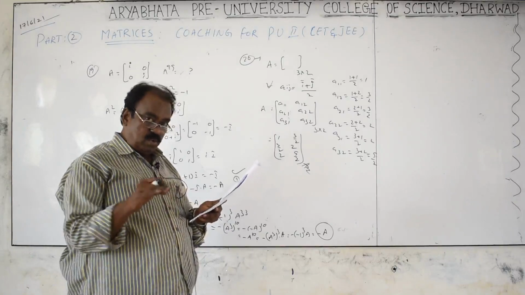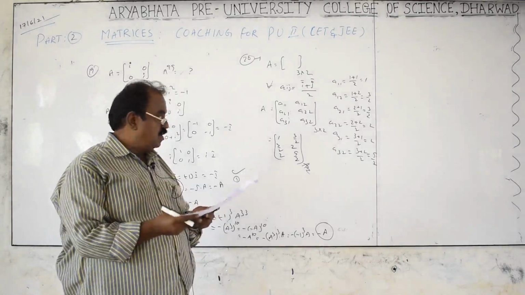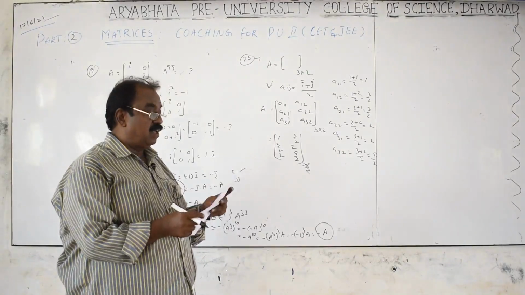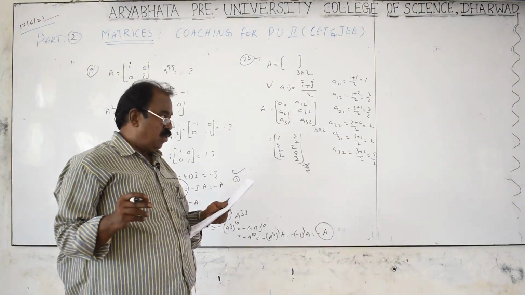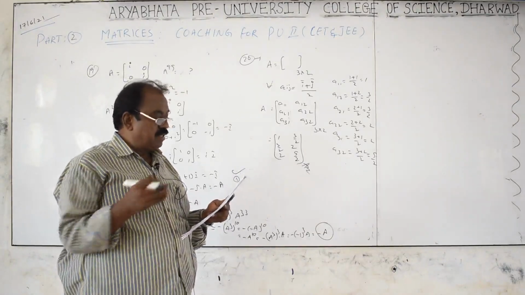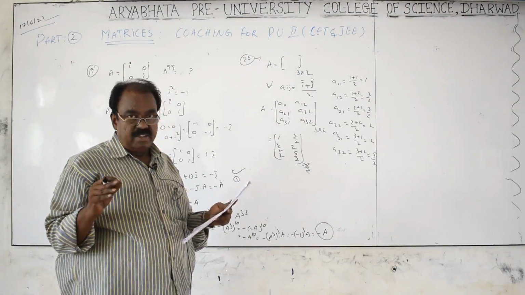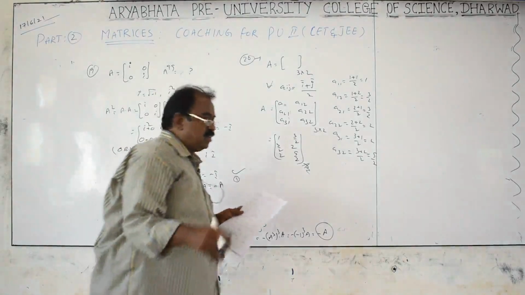Third option is 2 rows, 3 columns, wrong. So second option is correct, and elements are also correct. Like that we have to solve the problems. 21 also the same method, you solve it. 21 and 22 also. Or otherwise I will solve it.